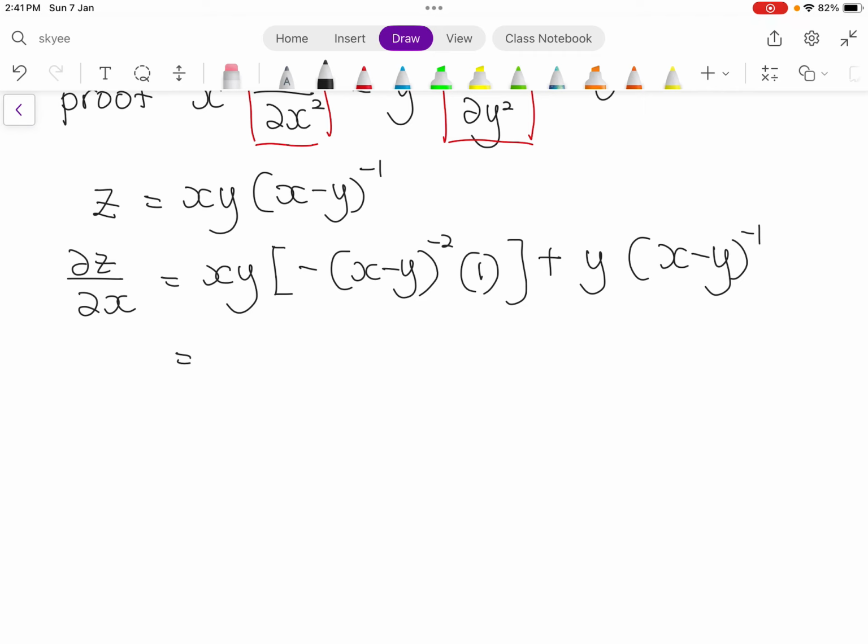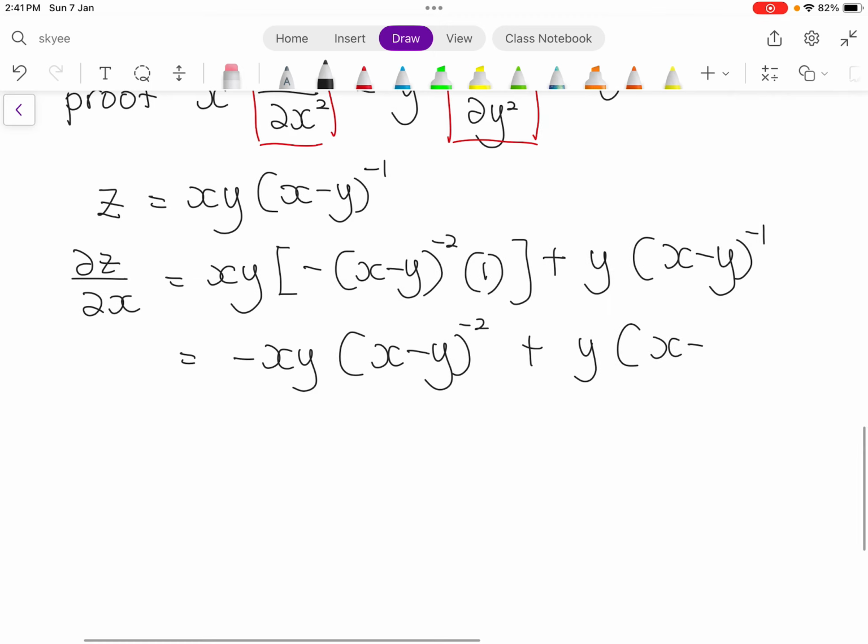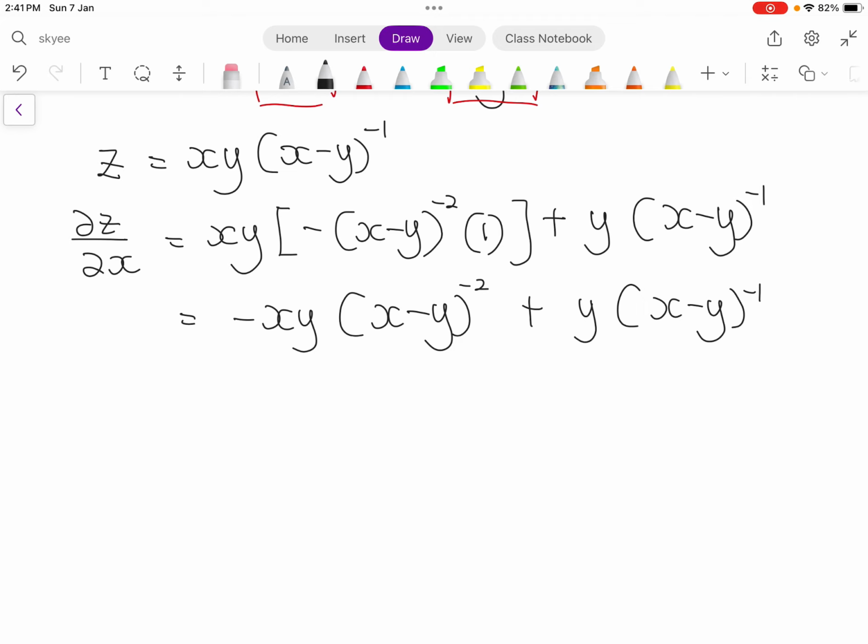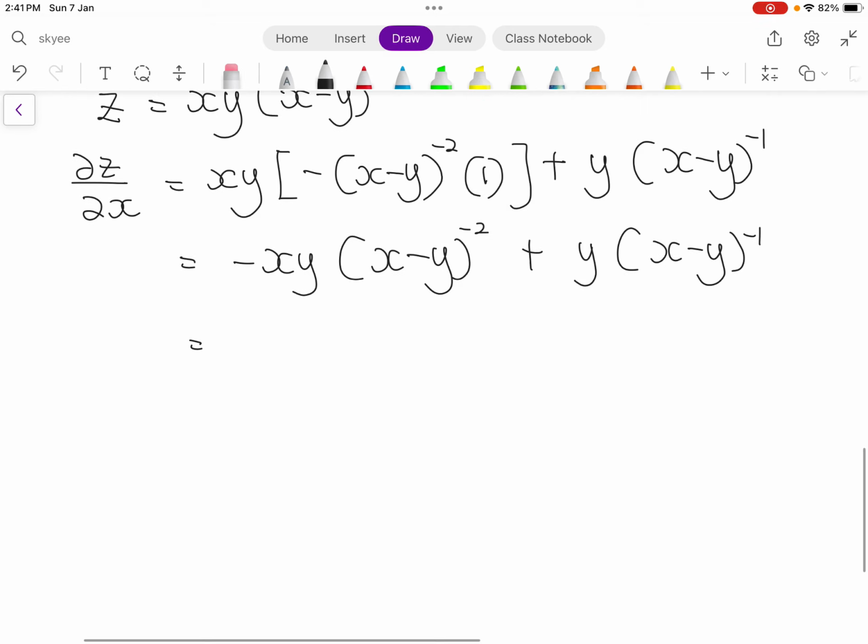So this will give me negative xy times x minus y to the power negative 2, plus y times x minus y to the power negative 1. You can actually simplify it before you do the second level differentiation.